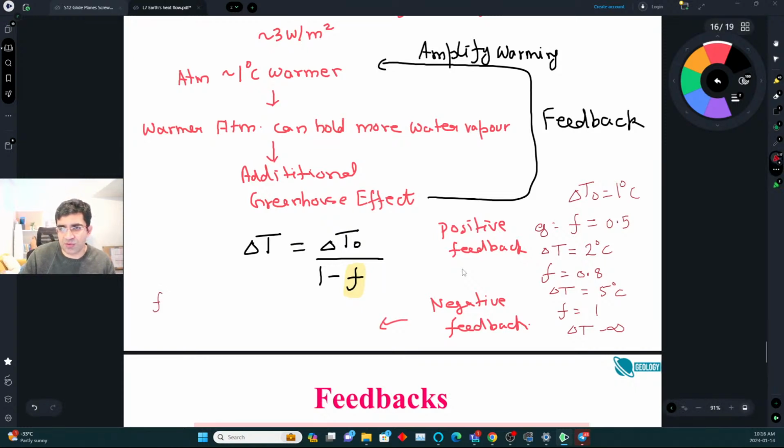It is possible. So if F is equal to, let's say, minus 0.5, what will be delta T in that case?